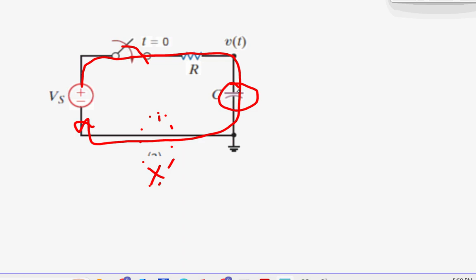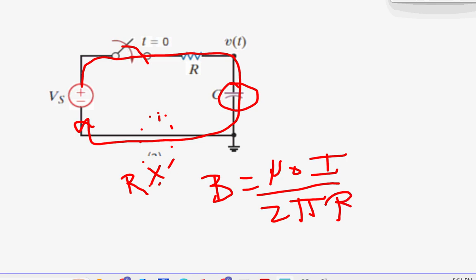At this position, if we call it R again, we're expecting B to equal mu naught I over 2 pi R. But this time the current I is decreasing. If I stay at the same position, the magnetic field's not going down because of my distance from it. The current is going down as I fill this capacitor. So we expect the magnetic field at this position to be going down because this capacitor is charging up.